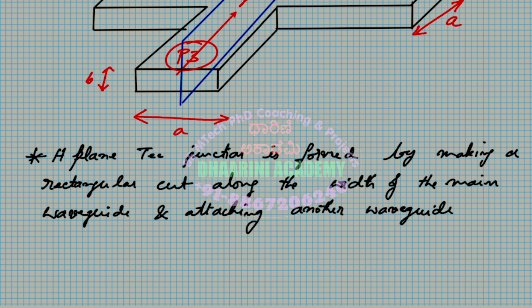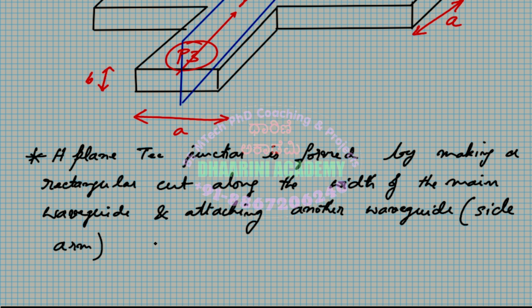So the other waveguide, in brackets I'll write its name, is called a side arm. The side arm is also called the H arm.